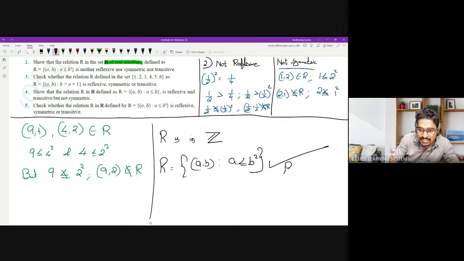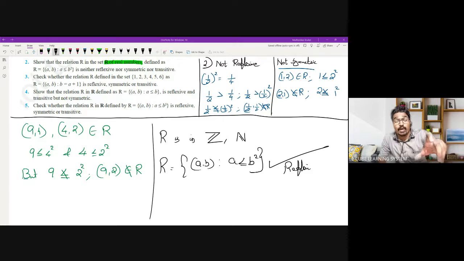It will be reflexive if we define the relation in integers, natural numbers, etc. Integers 1, 2, 3, 4, 5, 6, and -1, -2, etc. Everyone will be there.